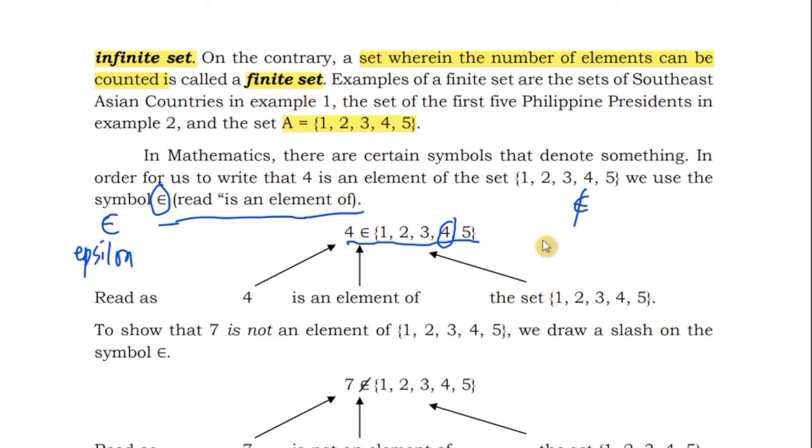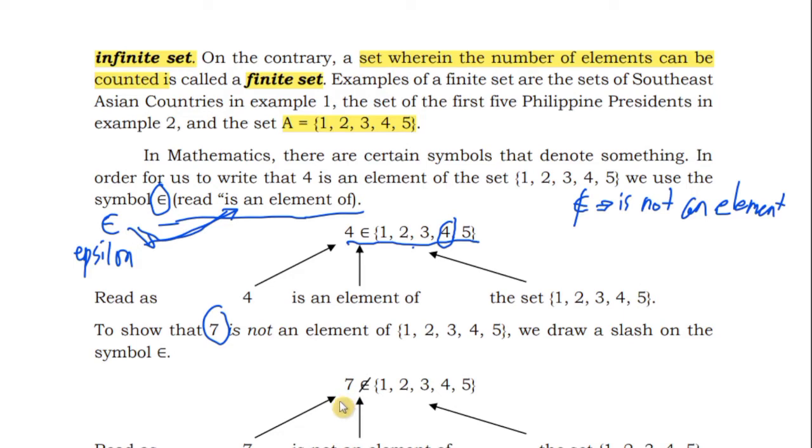We also have the epsilon with a slash through it. This one means not an element. So since we could not find 7 in this given set, we could say that 7 is not an element of the set 1, 2, 3, 4, 5.